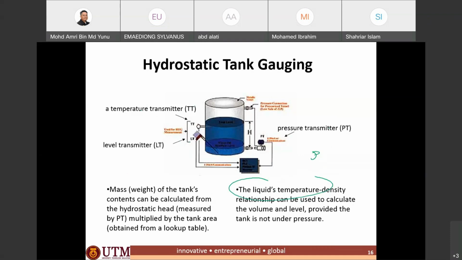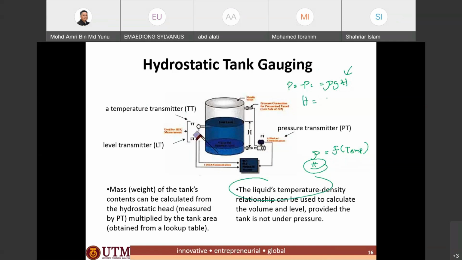To make sure that the measurement of P2 minus P1 equals rho g h, where you want to estimate the height H here, rho is a function of the temperature. So we need to measure the temperature and estimate the actual density as a function of the temperature, so that we can measure the height more accurately.